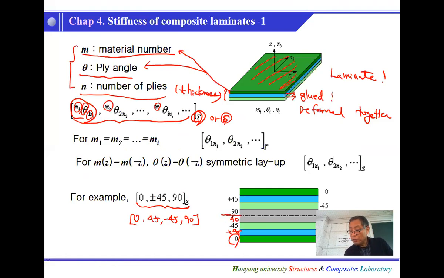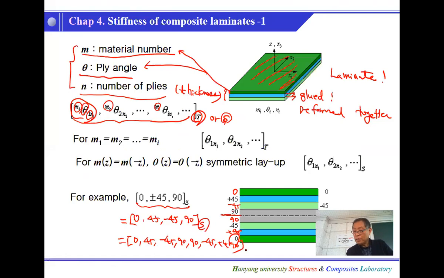Mirror means that you repeat by mirroring these layups, 90, and minus 45, and plus 45, and 0 degree. So this is a symmetric, and this is the 0. You can say 45 and minus 45 and 90 and 90, 45 minus 45 plus 45 and then 0.